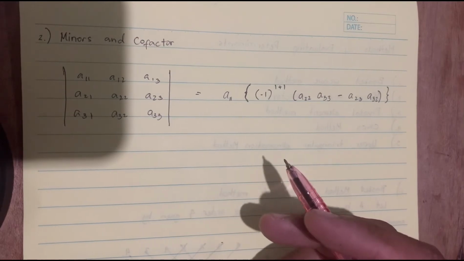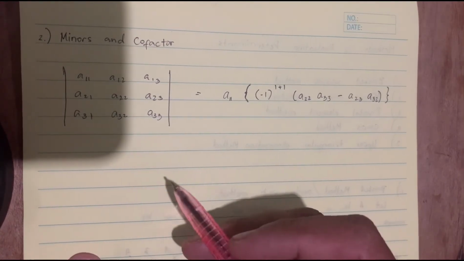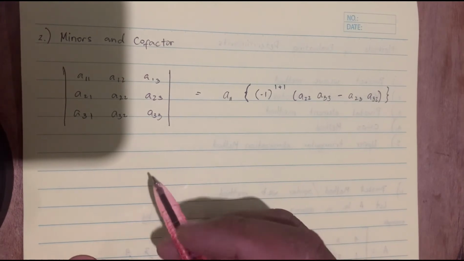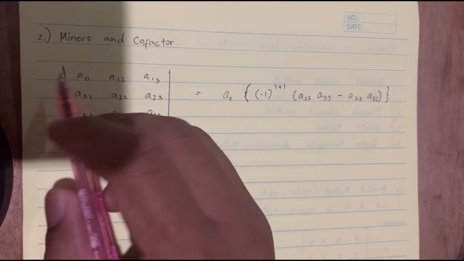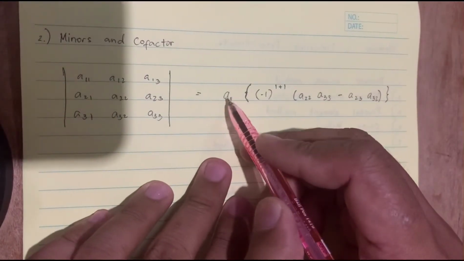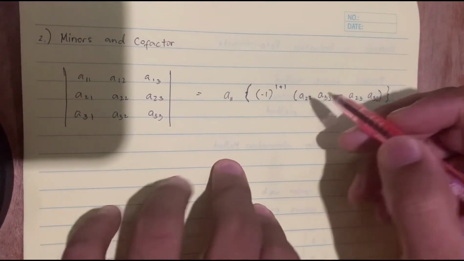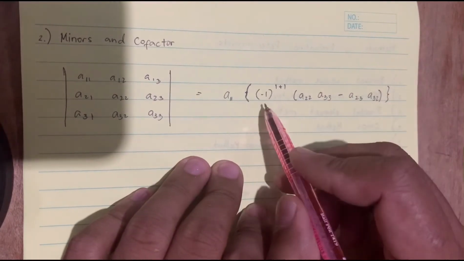Minors and cofactors. What is the minors and cofactors of A11? A11. Cofactor ng A11 ay ito ang cofactor.